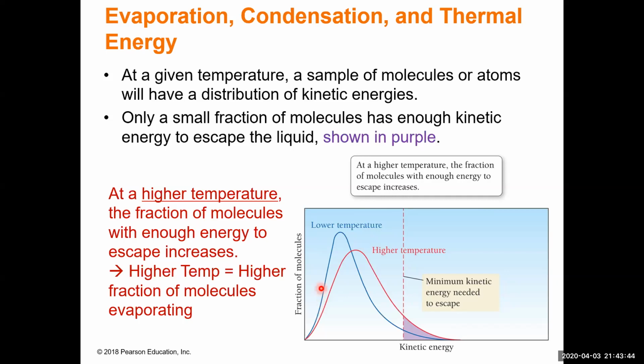So at this lower temperature, we have this distribution of kinetic energies. Some fraction of molecules will have this lower amount of kinetic energy, and the largest fraction of molecules will have this amount of kinetic energy.